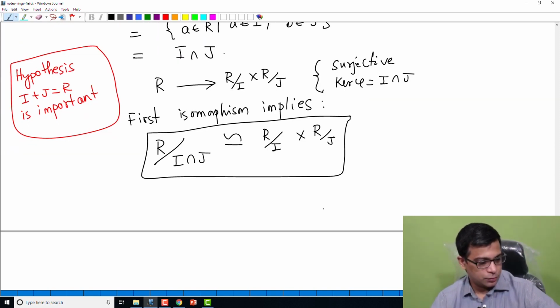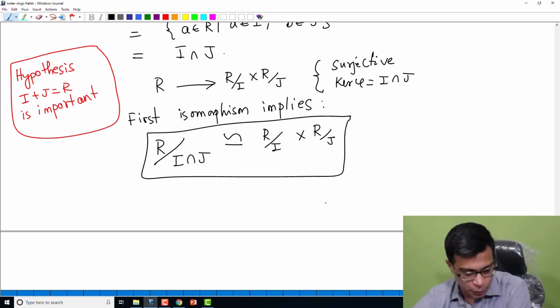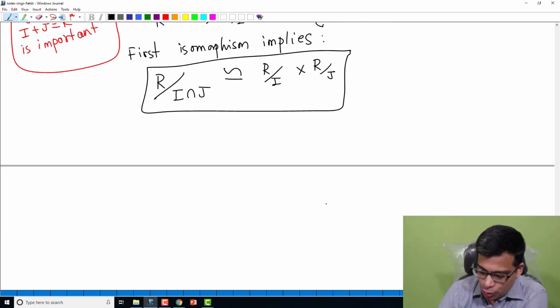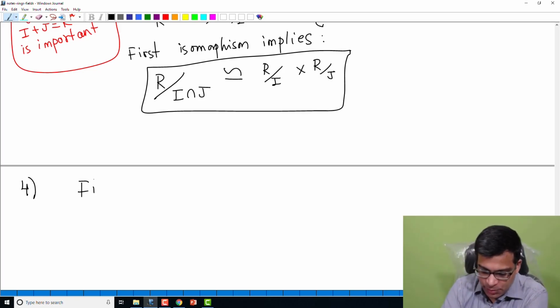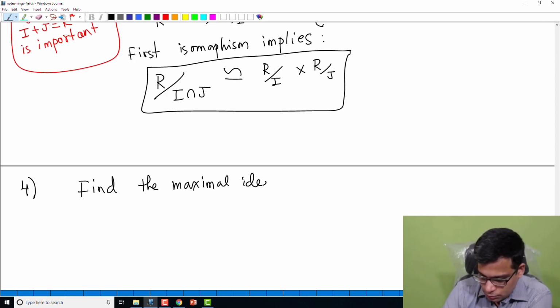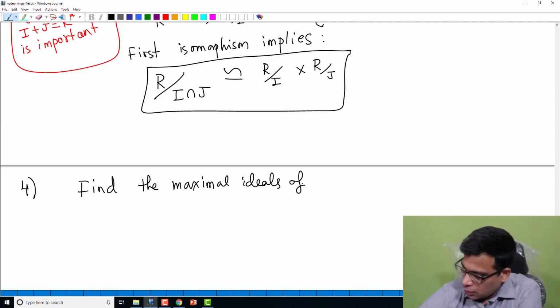Okay, so now I'll continue with the problems. So the next problem I want to do, maybe the fourth problem, is I want to first list, maybe some of these we have done, find the maximal ideals, in some sense all the maximal ideals, of the following rings.